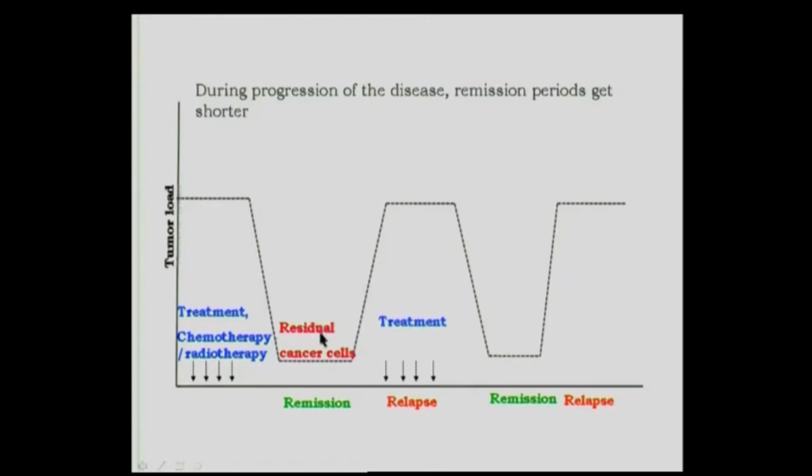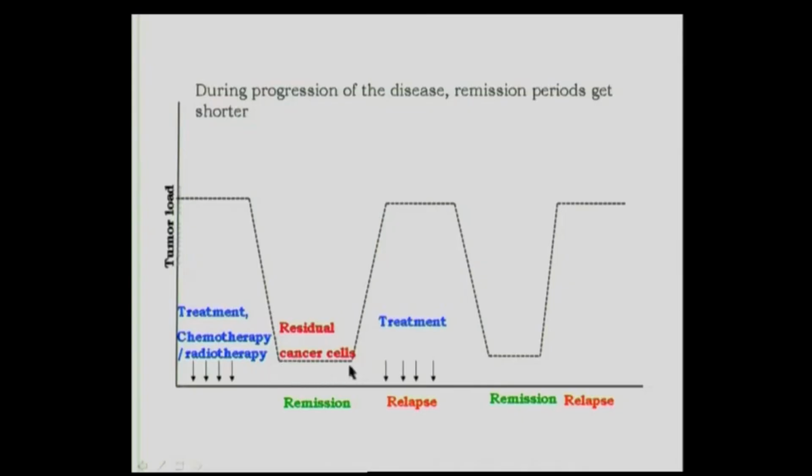There are residual cells here, and we know that there are residual cells because the moment that chemotherapy is withdrawn, and it has to be withdrawn here because of toxicity, toxicity which is seen by way of lower number of blood cells, seen by way of the gut lining getting totally destroyed. That leads to bleeding and several other problems.